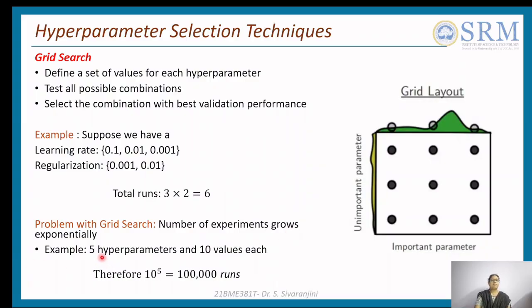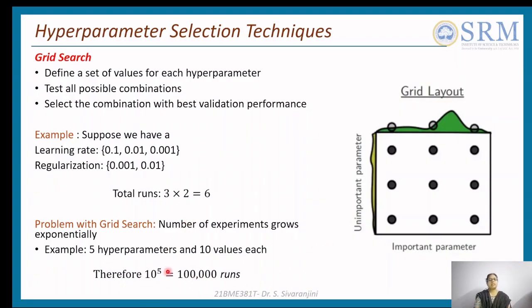If you have 5 different hyperparameters, like the learning rate, regularization, dropout, decay rate, or the optimization technique, and each one has 10 values, you have 10 learning rates, 10 regularization values, 10 dropout values, and so on.